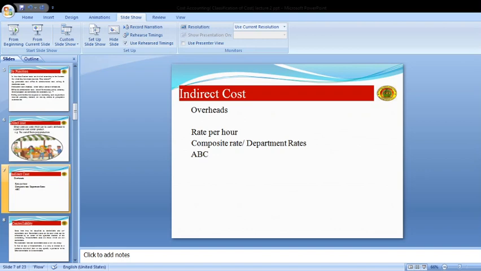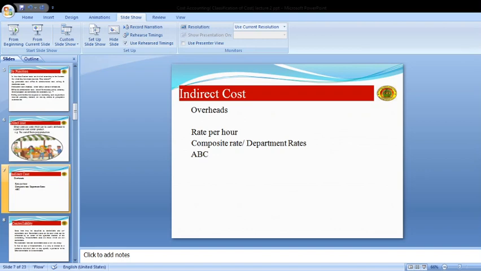Like that, whether it is material or labor or overheads, those costs are being classified as per directness. If it can be identified exclusively, if it is possible to relate them easily to a cost center or a product, we will call it a direct cost.